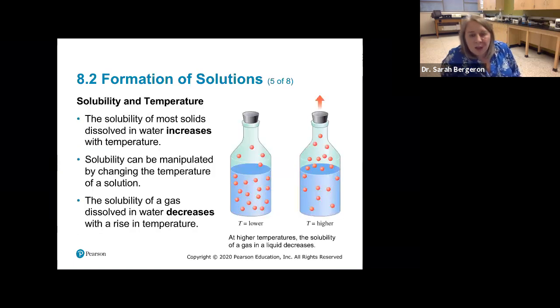The other thing that controls the solubility of substances is temperature. If you have a solid and you're trying to put it into a liquid, if you increase the temperature, you're going to get more solid to go into that liquid.